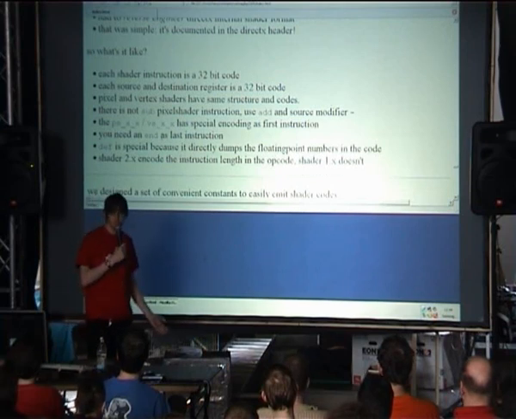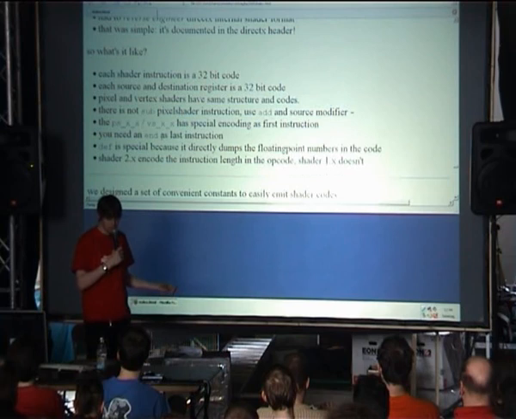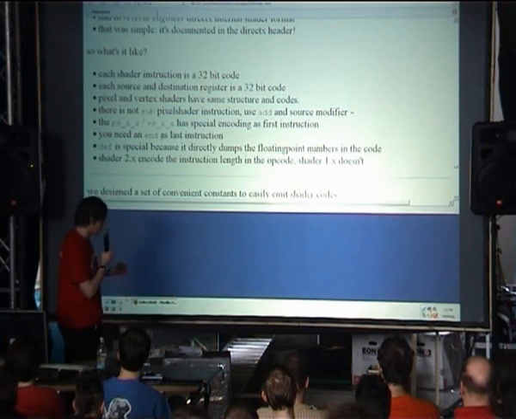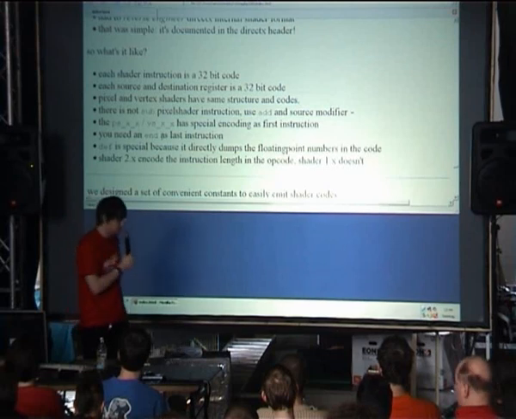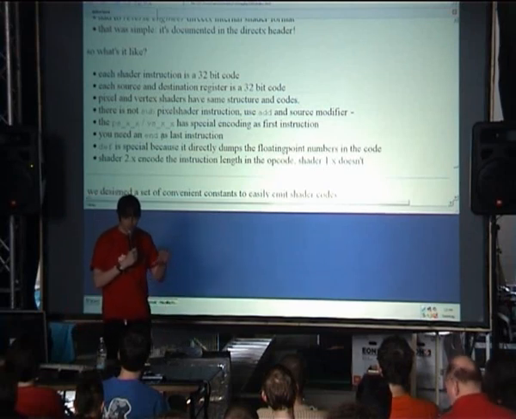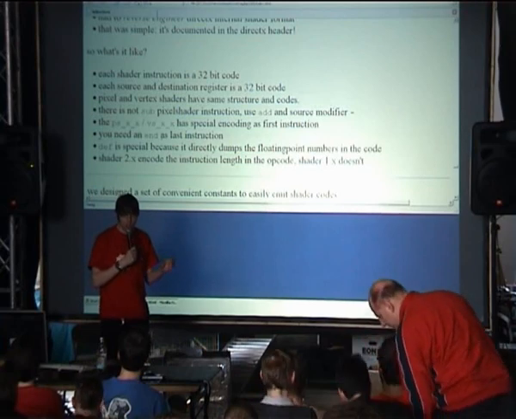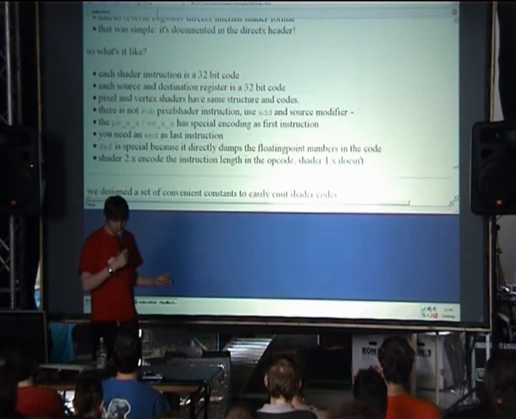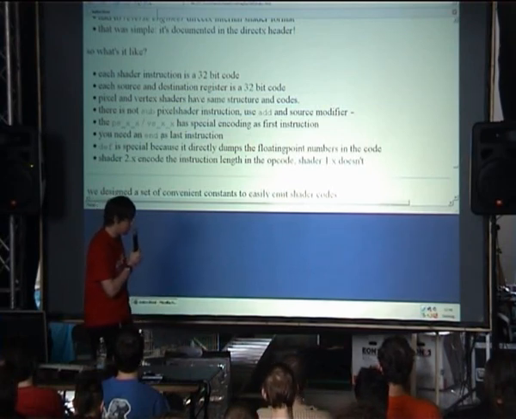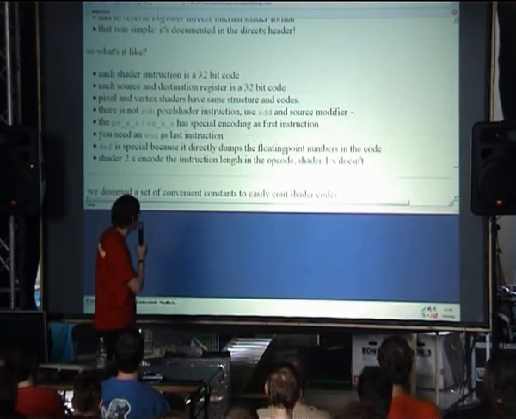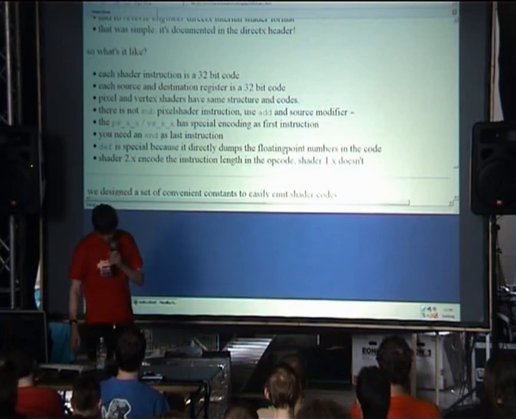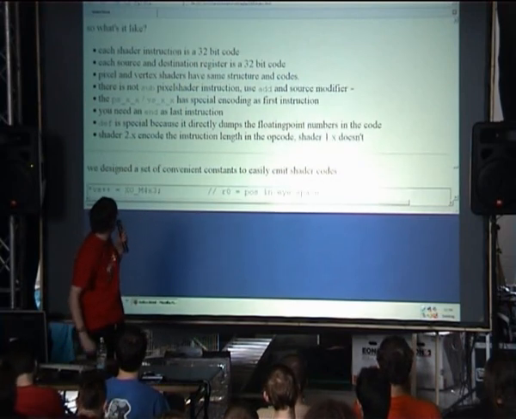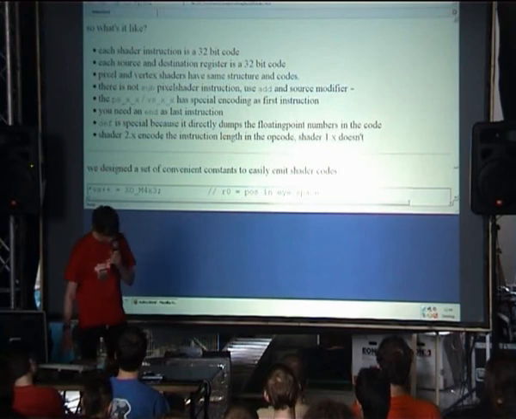So each shader instruction is 32 bits, 4 bytes, and each additional operand is again 32 bits. And also pixel and vertex shaders share the exact same instruction encoding. So the add instruction, for example, is the same in both the binary representation of pixel and vertex shaders. So this is basically a very convenient format to use. There are a few slight differences that I'm not going to talk about here because it's not that important.